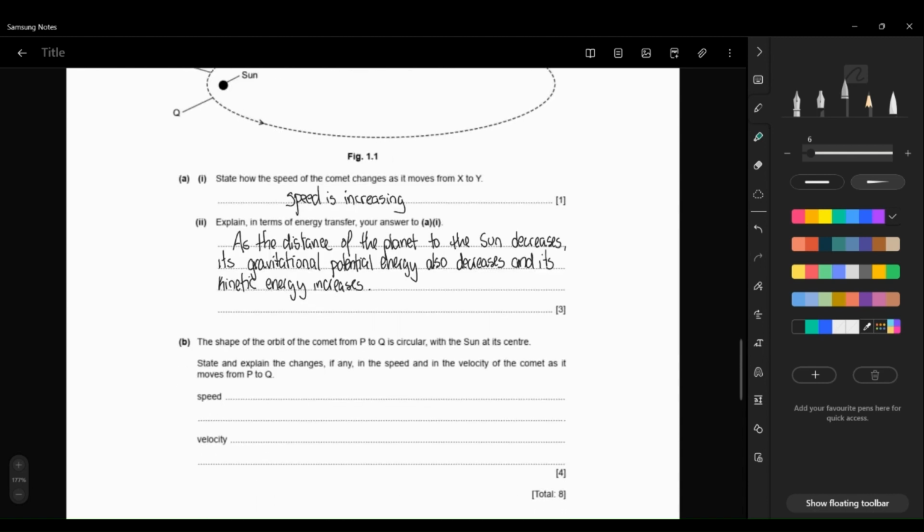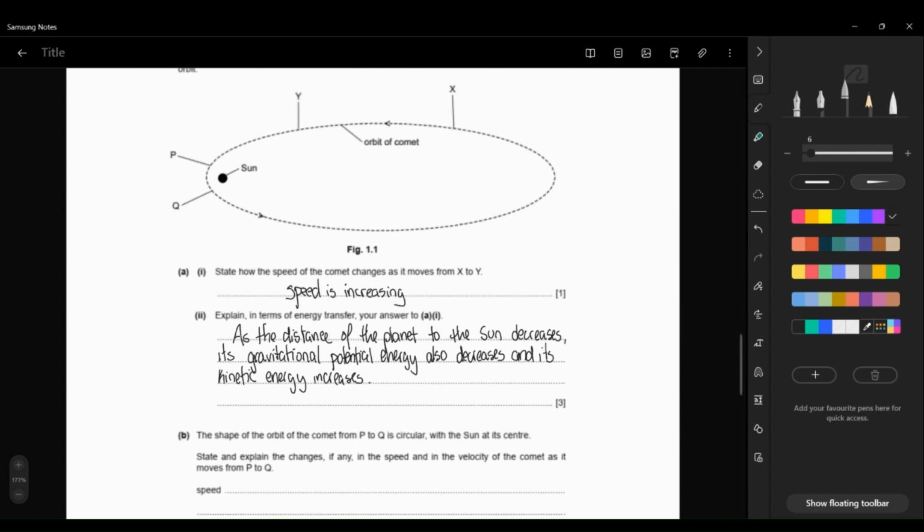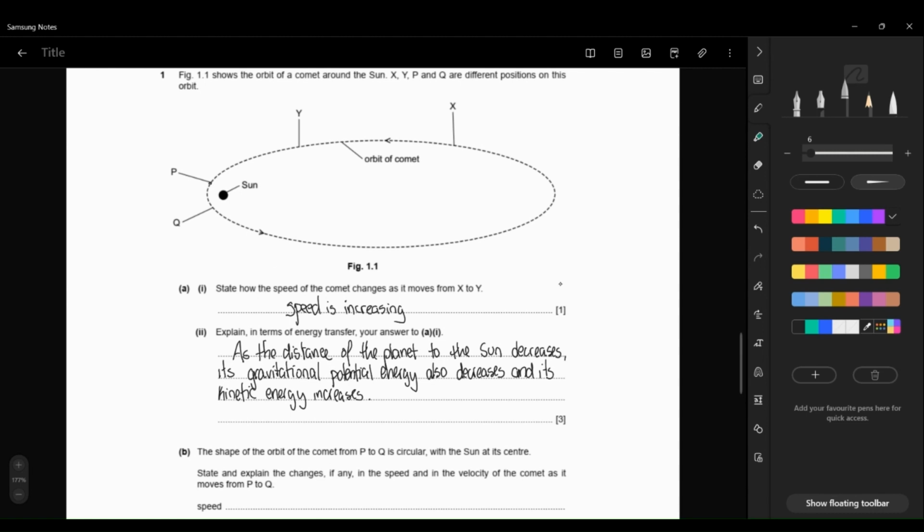The shape of the orbit of the comet from P to Q is circular, with the Sun at its center. State and explain the changes, if any, in the speed and in the velocity of the comet as it moves from P to Q. So, focusing on this part here alone, let's imagine that this is a section of a circle having the Sun at its center. So, what would happen here to the speed?